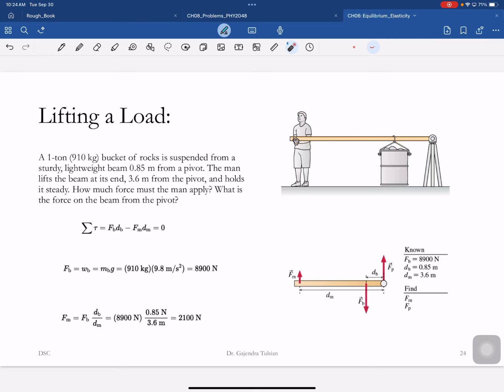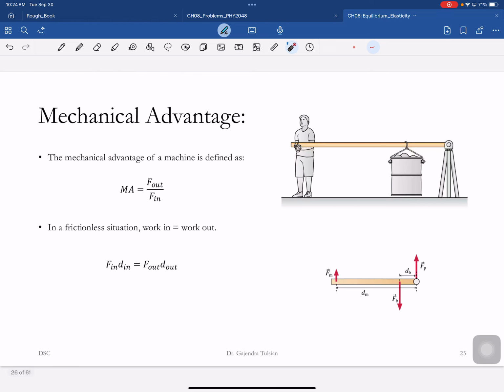And this is a simple machine. The mechanical advantage of this machine is how much force you lifted divided by the input force. So if you're applying a force that is 1/4 as great as the weight you're lifting, your mechanical advantage is 4.